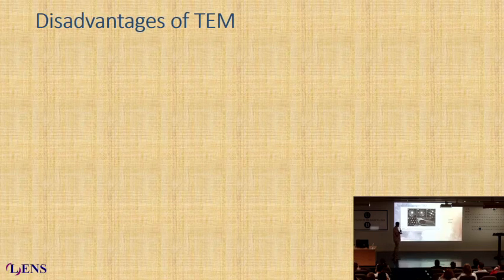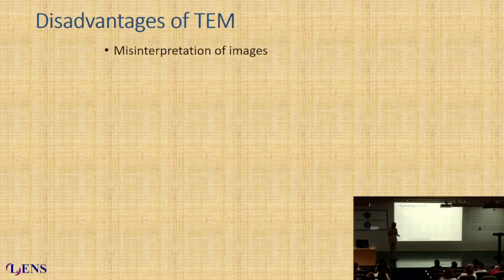If I move a little bit forward, it's not all good in TEM. There are disadvantages as well. So what kind of disadvantages can I think of? One is misinterpretation of images, because you are seeing something three-dimensional on a 2D image. So it is very prone to misinterpretation. What you may think is right may not be the reality. So this is one very big disadvantage. It's expensive.